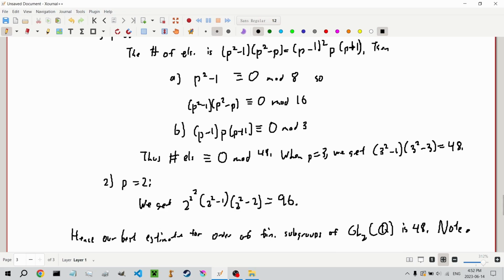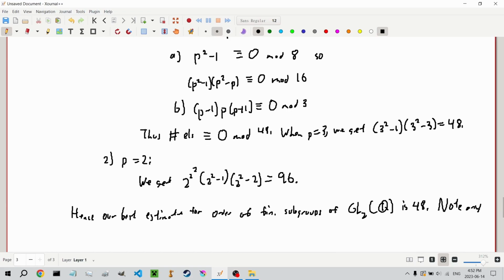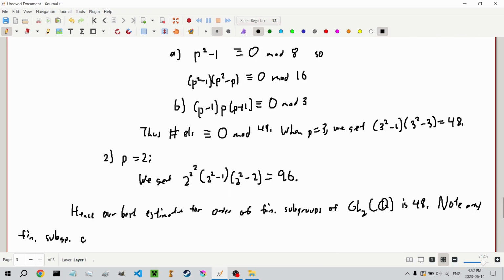Next, note that any finite subgroup of GL2 over the rationals is in the set of matrices of determinant plus or minus 1, which is going to be our G0.